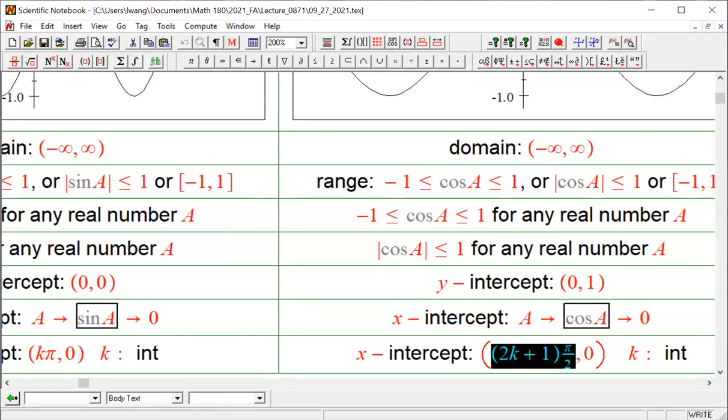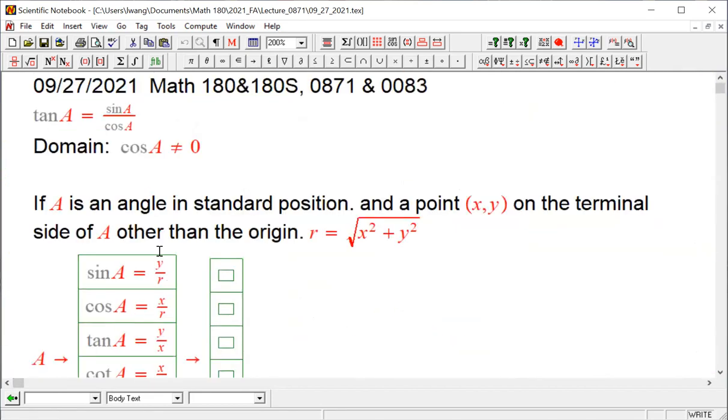Therefore, to guarantee tangent is meaningful, the denominator cannot be 0. What will guarantee cosine will not be 0?